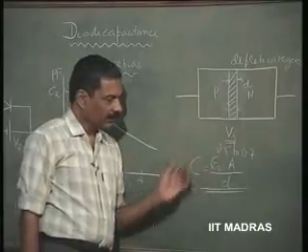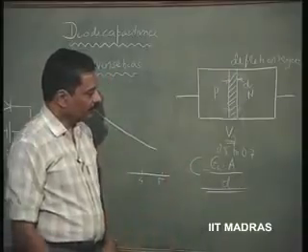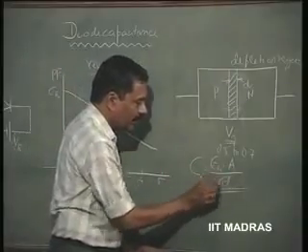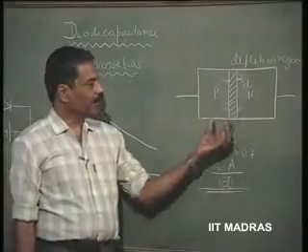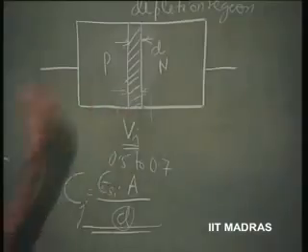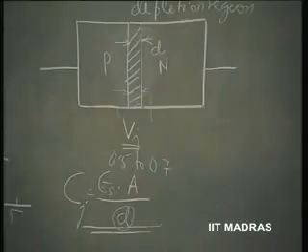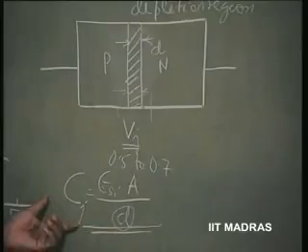So, this constitutes the effective junction capacitance, and this depletion layer width is dependent upon the reverse bias voltage that we apply. Therefore, if we apply a reverse bias voltage which is very large, the depletion layer width increases and therefore, the capacitance decreases.